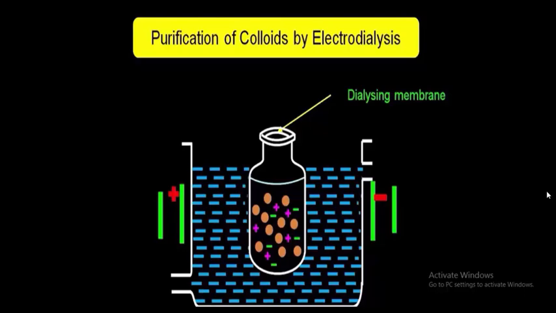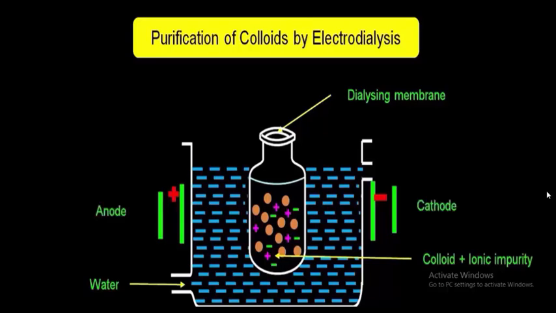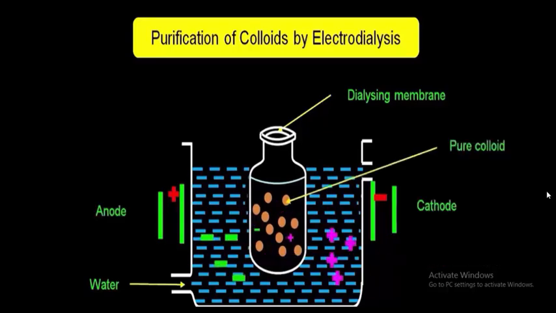If you say it is positive, then the negative particles will be attracted towards positive, and positive particles will be attracted towards negative. Due to the electric field, the movement of ions becomes faster, and we will get the pure colloidal particles inside the dialyzing membrane.